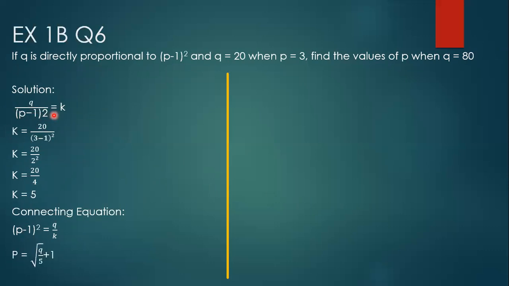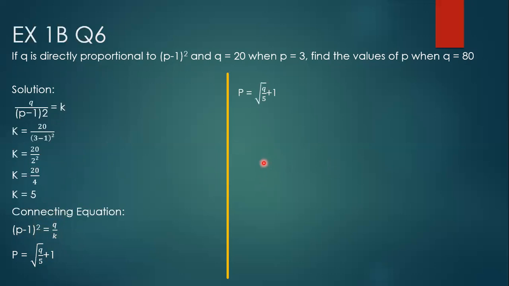So p will be, since there is a square here, we are going to take a square root here, replace the value of k with 5, and this minus 1 will go to the other side and become plus 1. So this will be a connecting equation and we are going to use this connecting equation to find the value of p for the next part.